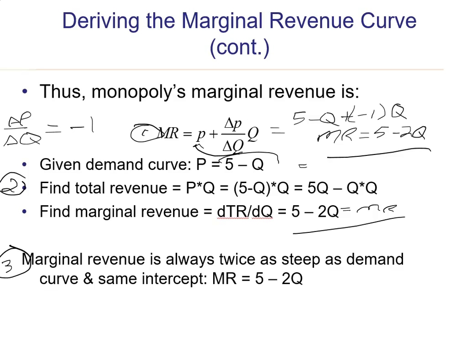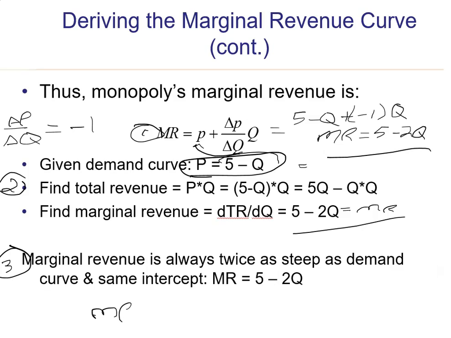Most students choose this third way to calculate the MR curve. When you're given a demand equation, here's our demand equation, P equals 5 minus Q. Anytime your demand curve is a line, then the marginal revenue curve will have the same intercept.